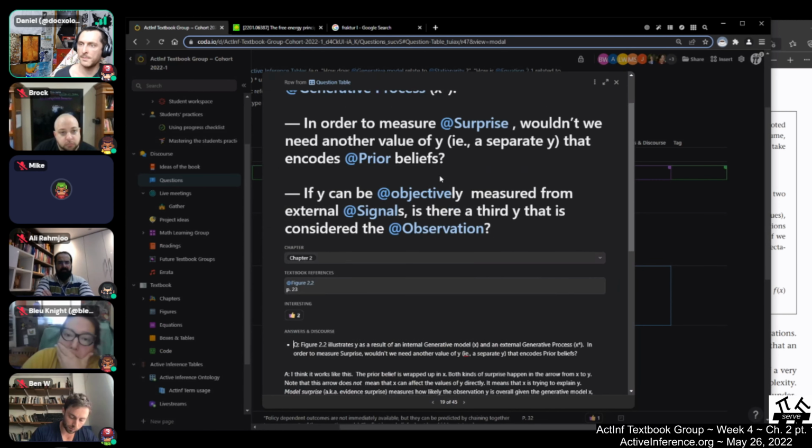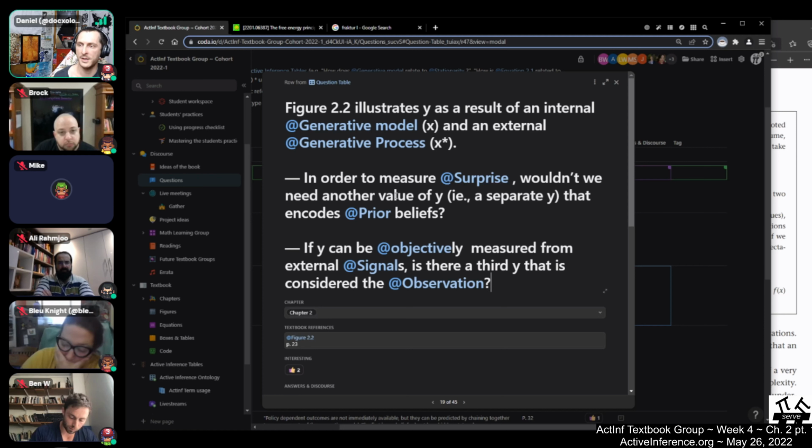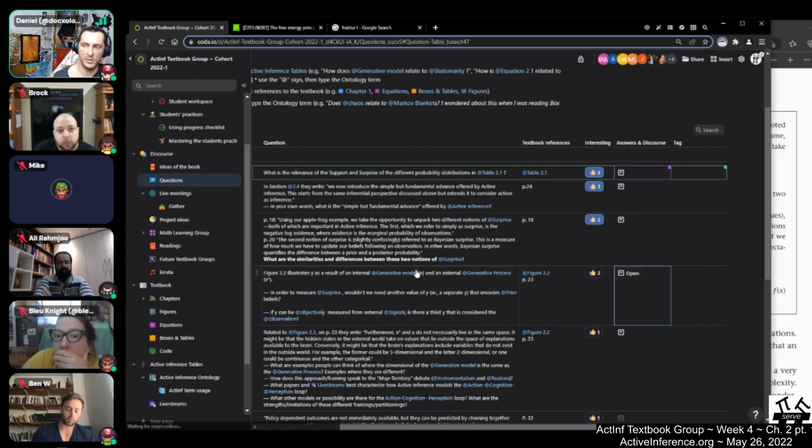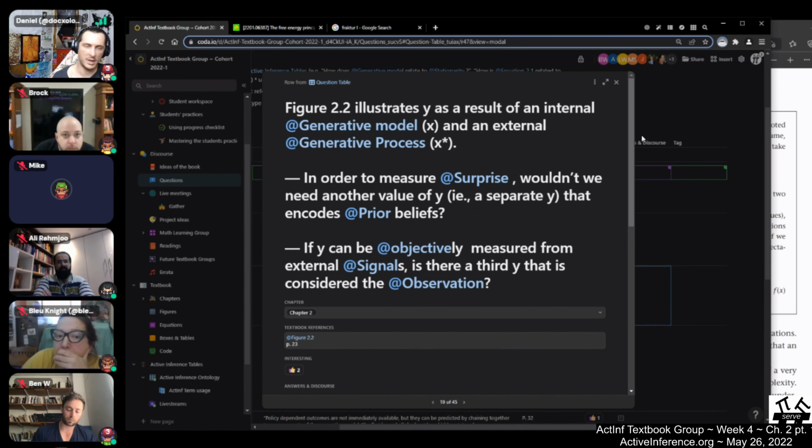The question was, in order to measure surprise, wouldn't we need another value of y, i.e. a separate y that encodes prior belief? Great question. Let's just assume that there is a Gaussian generative model. So the entity has two parameters in its cognitive model, the mean and the variance.